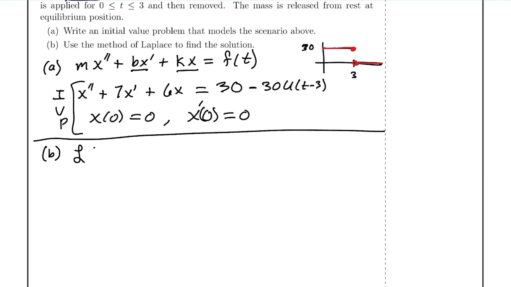So we have L of x double prime. I'll use the linearity of the Laplace transform to split out the terms here.